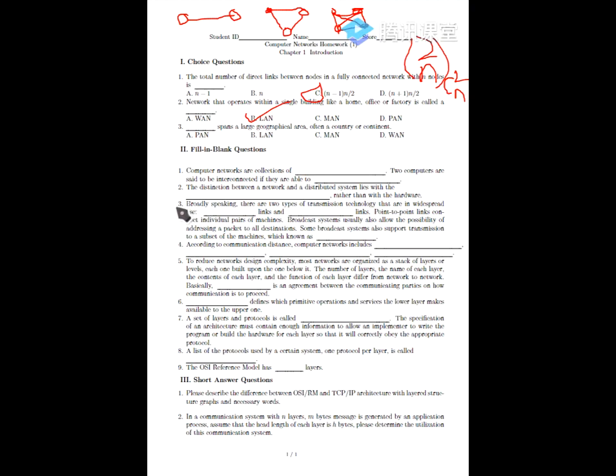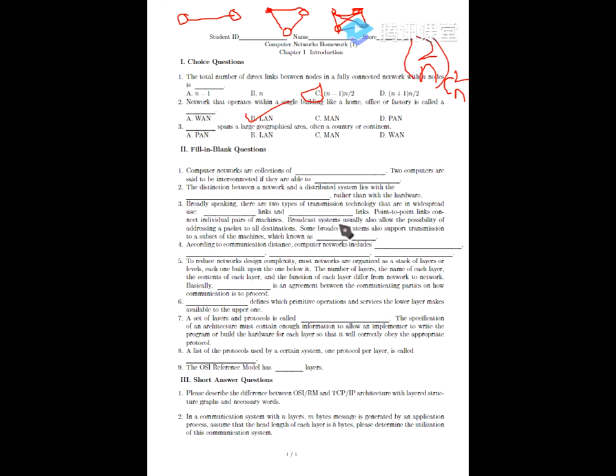Question 3. Broadly speaking, there are two types of transmission technology that are in widespread use: point-to-point links and broadcast links. Point-to-point links connect individual pairs of machines.